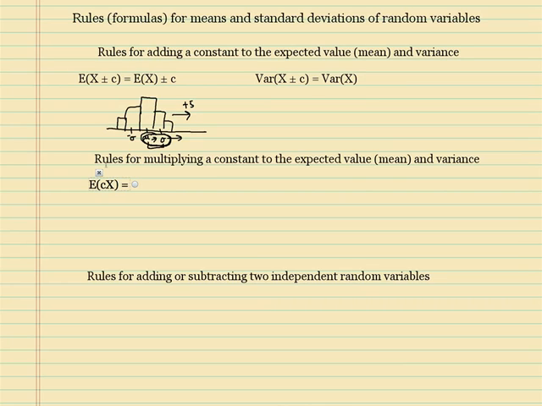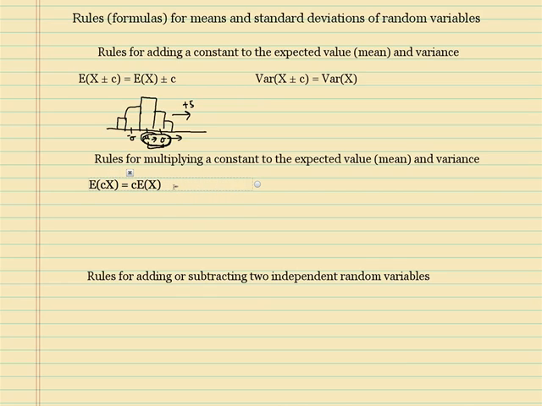This equals whatever that constant was times the expected value of x. If you multiply by a number, you're actually multiplying all your random variables by a number. You're increasing your random variation by a multiple of c, and that works that way.